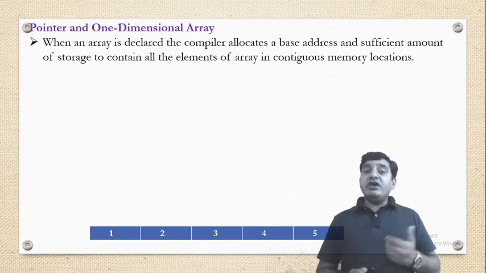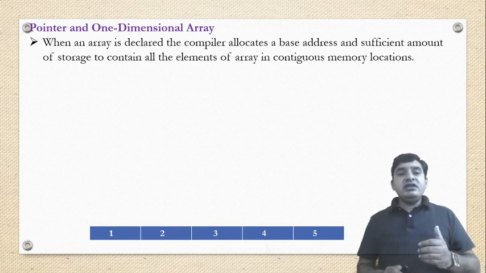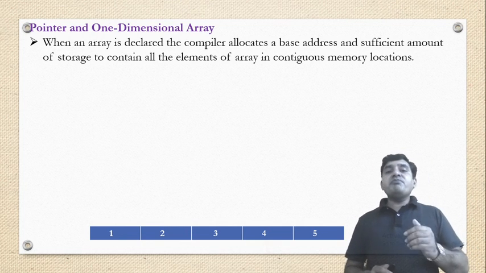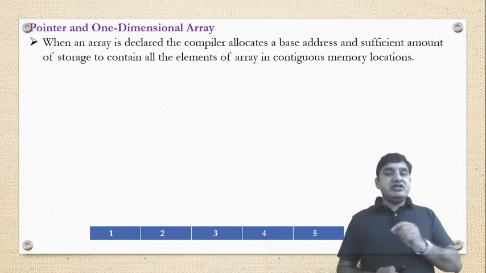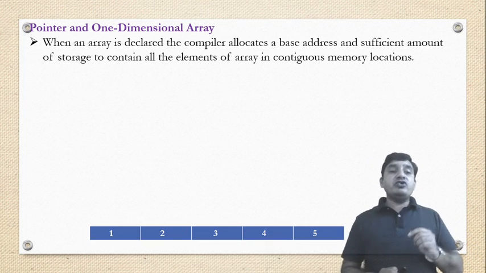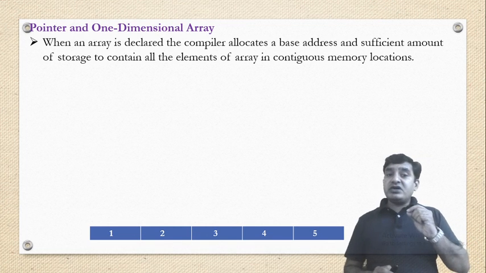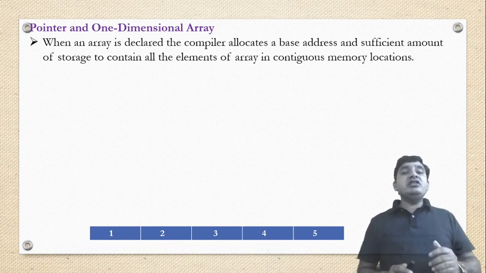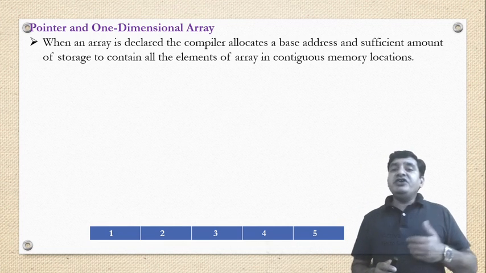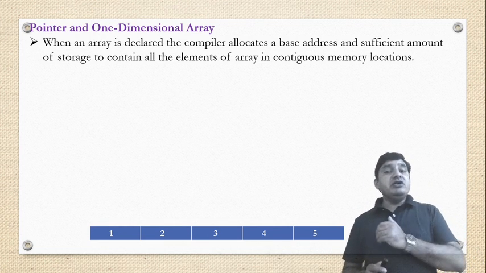Now, pointers and one-dimensional arrays. When an array is declared, the compiler allocates the base address and sufficient storage to contain all the elements of the array in contiguous memory locations.